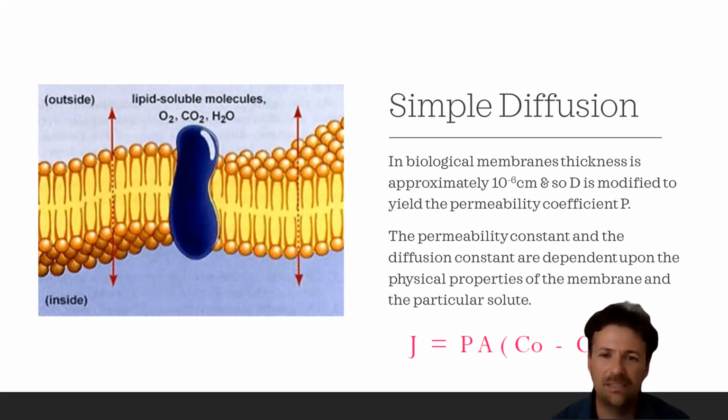Once we have that, the formula simplifies into the permeability constant multiplied by the area by the concentration gradient. And notice in this case, it's the outside minus the inside. So we're able to remove the negative sign. And you should be able to do simple calculations using these equations. And you should also be able to explain why these factors affect the rate of diffusion and draw graphs to explain these things.